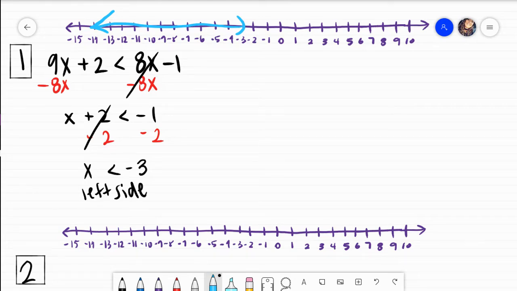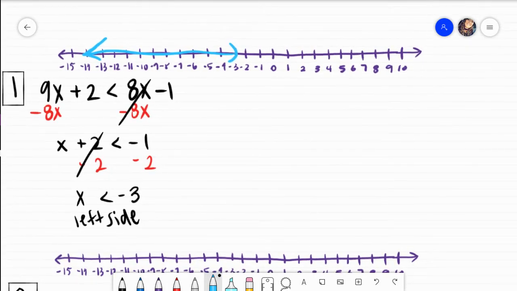Now, as far as writing this in interval notation, do you remember me telling you that if it goes forever and ever in the left direction, what you are approaching is negative infinity? And we always use a parenthesis there, right? And then I already have my parenthesis on negative 3. Those are the things that you pull down off of this number line. So we would have parenthesis, negative infinity, comma, negative 3, parenthesis.